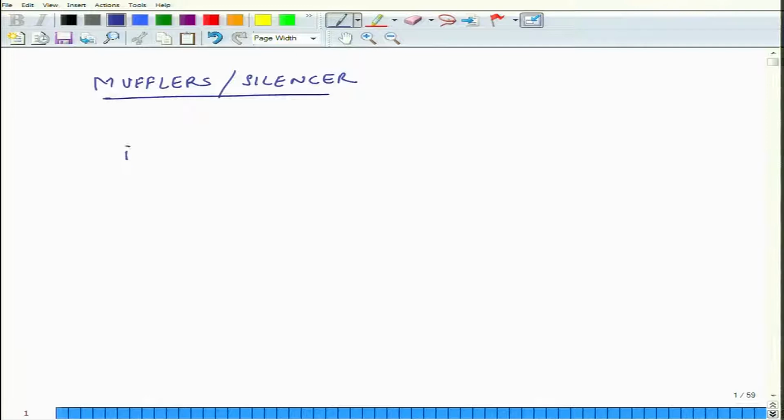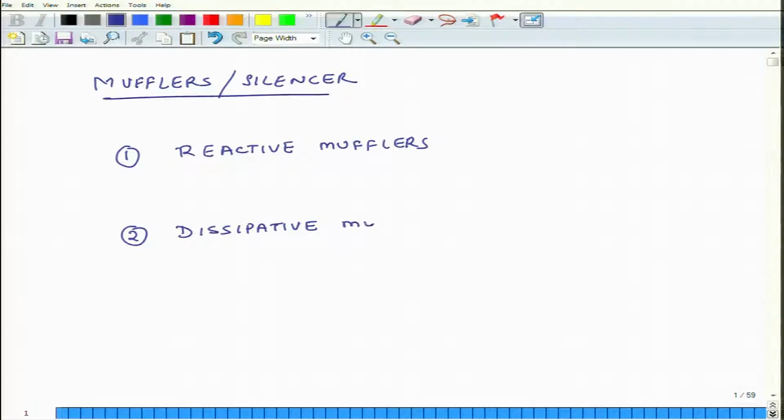So, you have reactive mufflers, and the second category is dissipative mufflers. Both these mufflers are used to reduce sound, but the operating principle or the working principles of these two broad categories of mufflers are different.